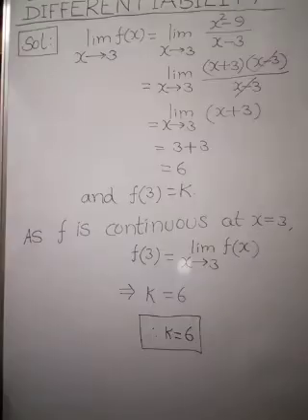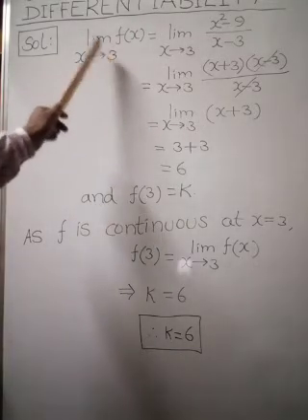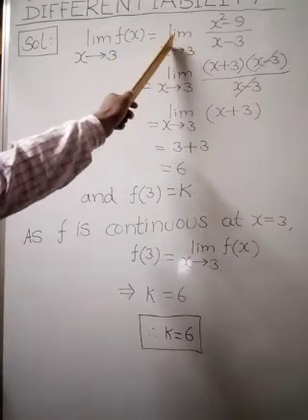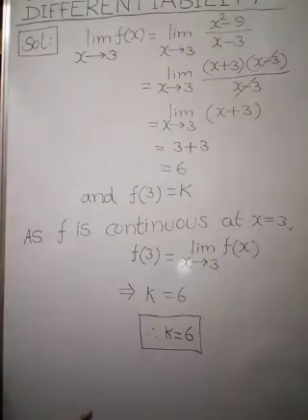Right. Now let us find the limit of the function at x is equal to 3. So as x tends to 3, limit f of x is equal to, as x tends to 3, limit x square minus 9 by x minus 3. Okay, my children? Right.